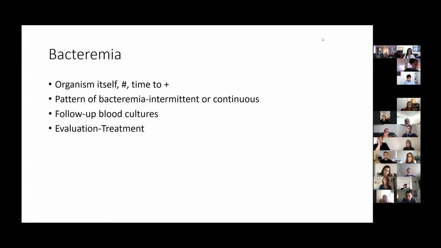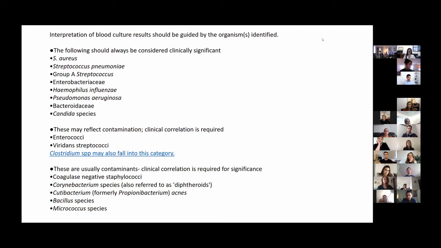So thank you. Next. So first off, this is just a list which I think you're kind of familiar with, as the first group are the ones that should always be considered significant. And I think you recognize that most of these are pathogens.